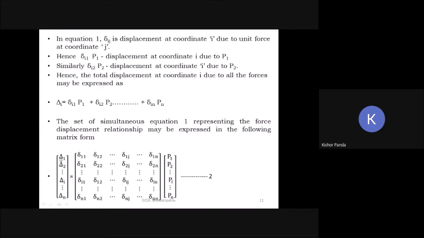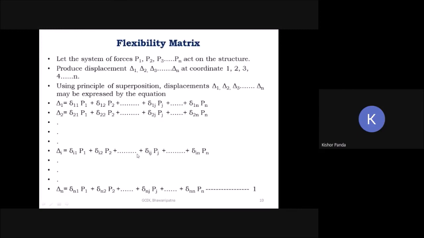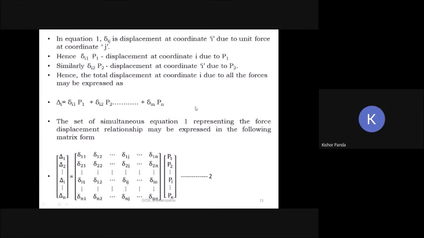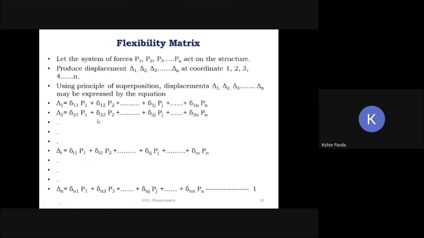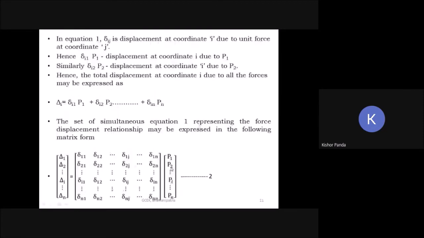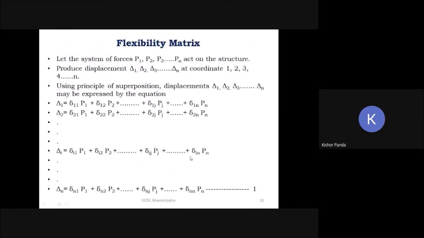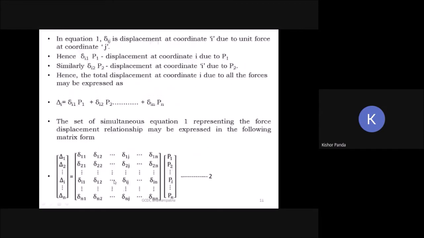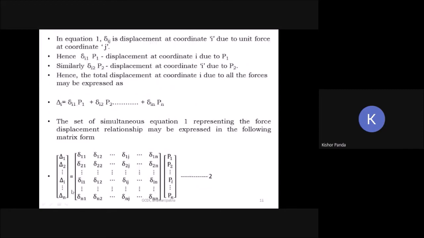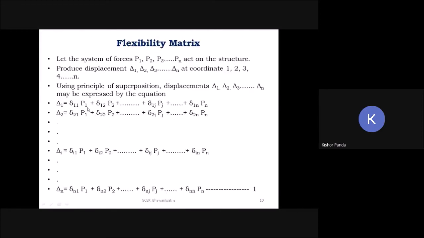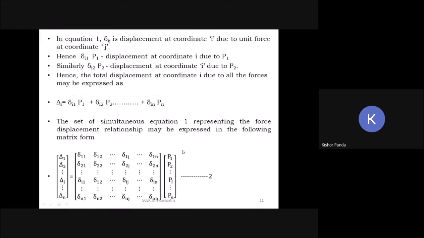This is your column matrix, and you can write delta 11, delta 12, delta 1j, delta 1n. Similarly, delta 21, delta 22, delta 2j, delta 2n. Then delta i1, delta i2, delta ij, delta in. Then delta n1, n2, nj, nn. And the force P1, P2, Pj, Pn. This is also a column matrix.